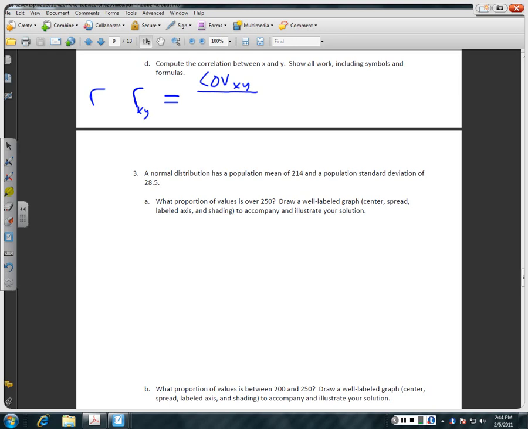And to standardize that, it's a little better, to an index that will be between -1 and 1, we'll divide the covariance by the product of the two standard deviations. And we had 1.75 for that covariance, and we had 3.54 and 2.92. And if you divide or multiply and do your division there, you'll get 0.17.